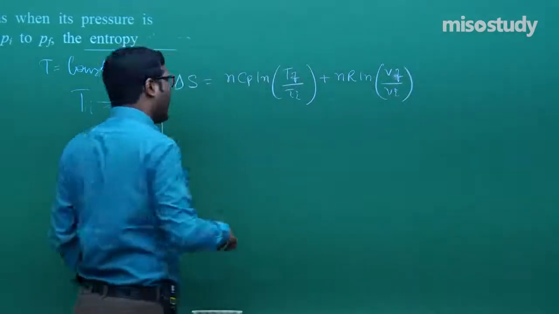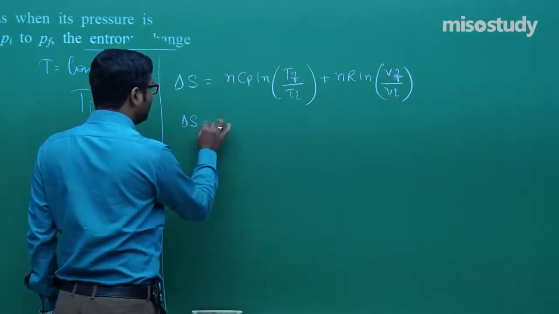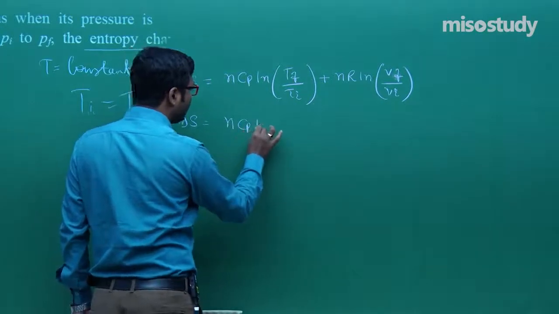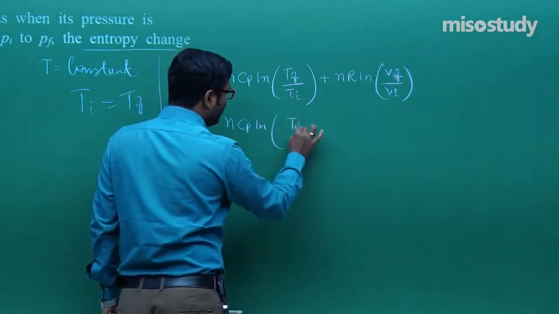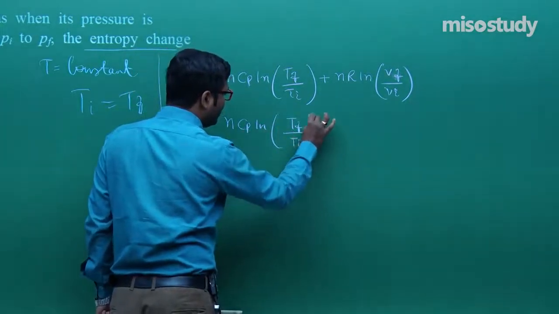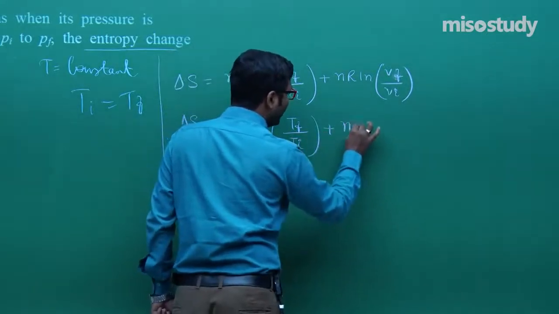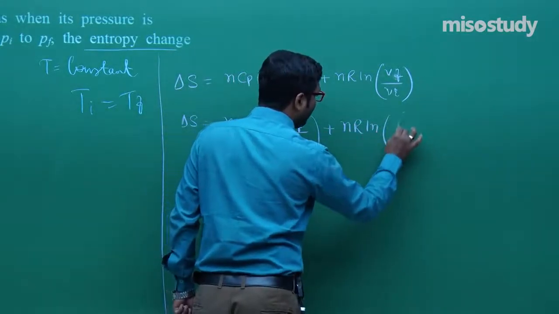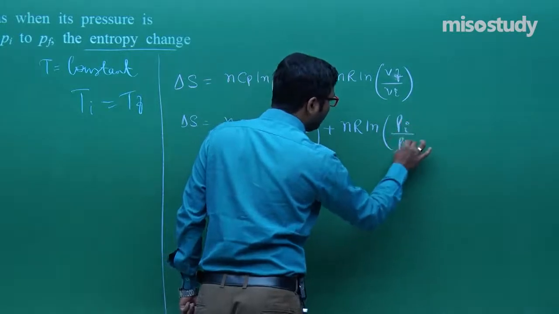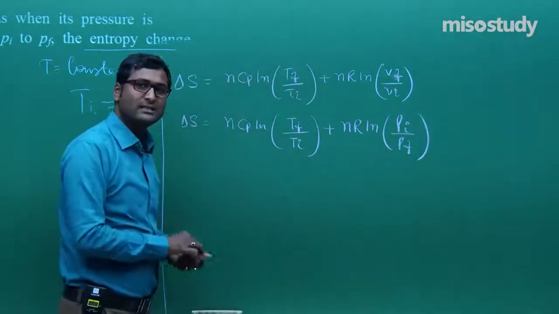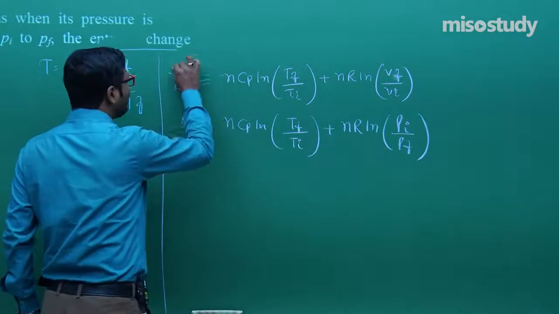Clear to you? Or it can be written like this: delta S is equal to nCp ln T final upon T initial plus nR ln P initial upon P final. Clear to you? This is the formula related to entropy change.